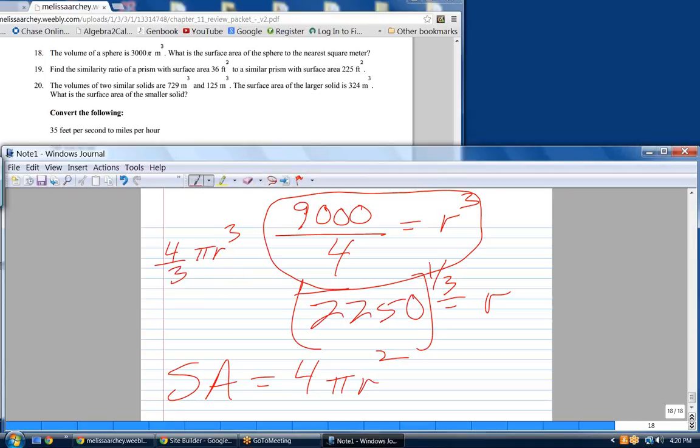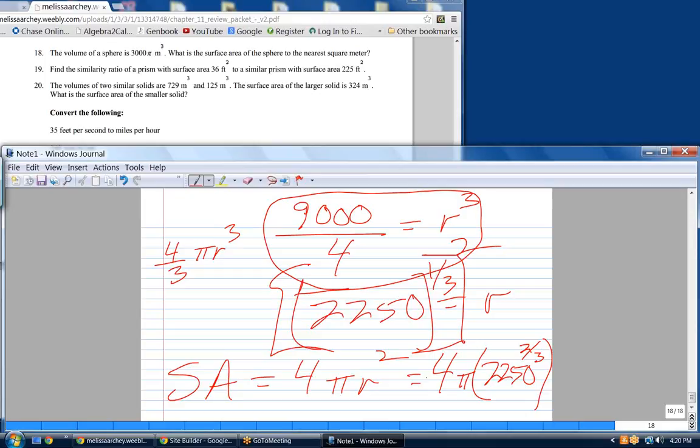They want us to solve for surface area, so I'm just going to plug in everything we know. 4 pi, r is 2250 to the 1/3, and they want me to square it, which makes it to the 2/3. If I square this number by taking both sides to the 2, now I multiply the 2 times the 1/3, and I get that number to the 2/3 using the rules of exponents.